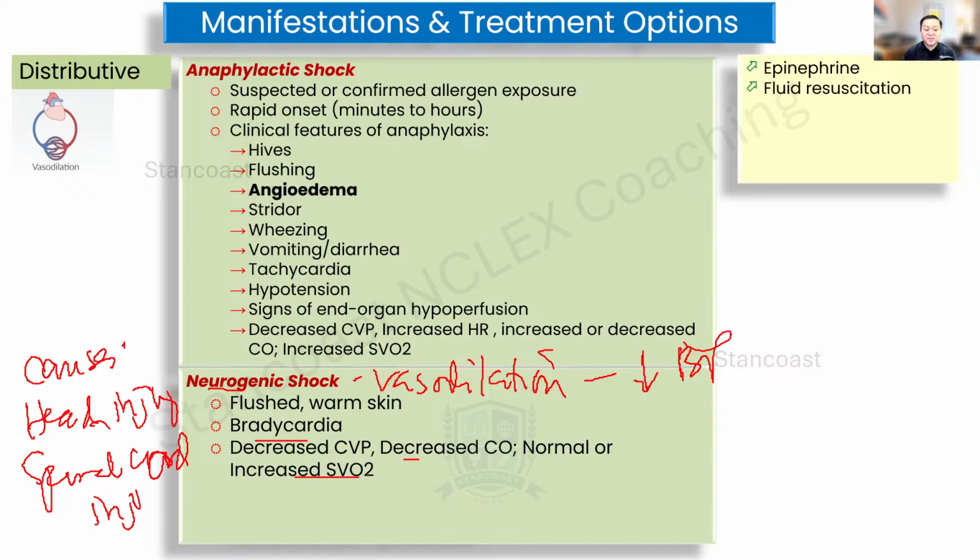Here in the SVO2, it will seem to be normal or probably increased because of the decreased utilization of the blood. So that's why there's not a lot of usage of the oxygen here because of the shifting of the blood into the other portion of the body. Now, there's also going to be other etiology that need to be identified here.